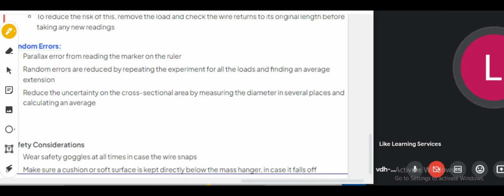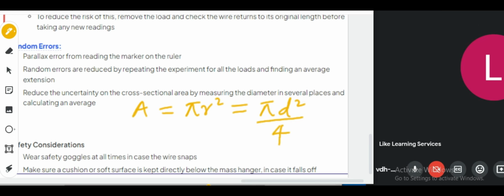Remember, the cross-sectional area is pi r squared or pi d squared over 4. So for this diameter, we need to measure it in at least 2 or 3 places, several places, 3 places for instance. And then we calculate an average, and that's the average d we're going to use to calculate the cross-sectional area.